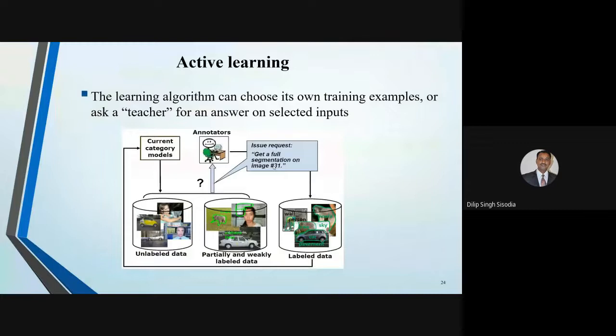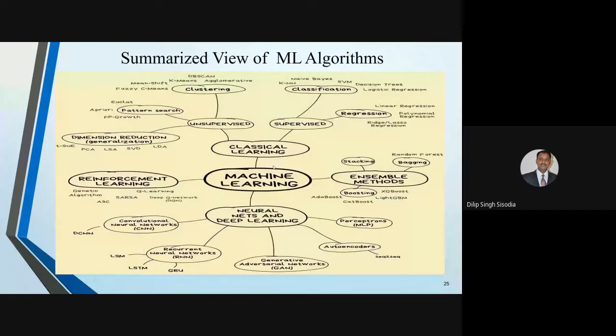So these are the different types of learning, and this is the summarized view of machine learning algorithms. Classical learning can be divided into supervised and unsupervised. Supervised can be further divided into classification and regression.